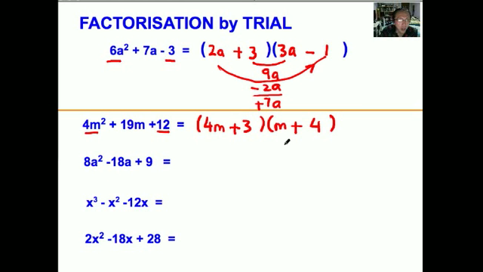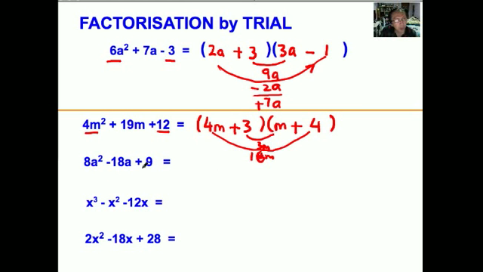To ensure that we have done our factorization correctly, we need to check the middle term, which is 3m and 4m, this is 16m, giving us a total of 19m.